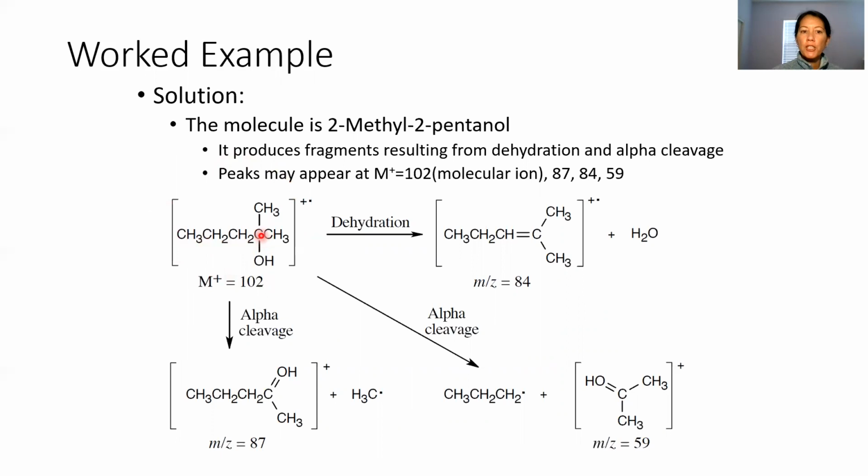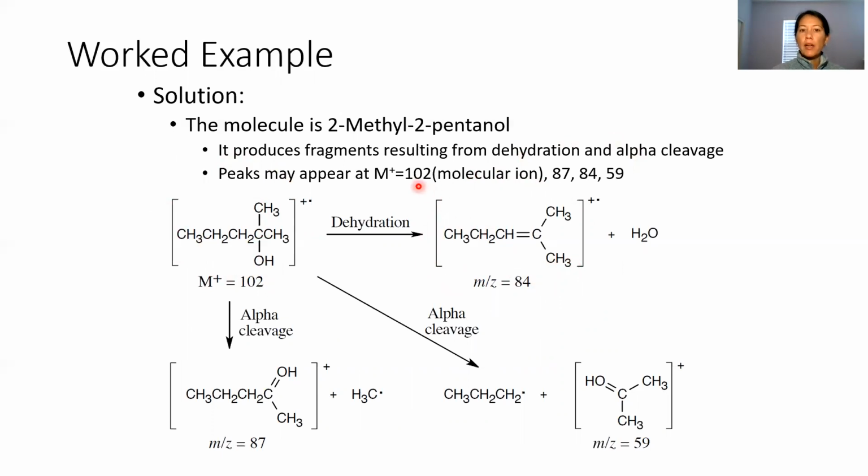You have your 5-carbon chain and then a methyl and an OH off the second carbon. A dehydration removes water. So you can remove an OH and an H here to give this more substituted alkene. Removing water, minus 18, gives a mass of 84. So that's one peak that you would expect to observe.